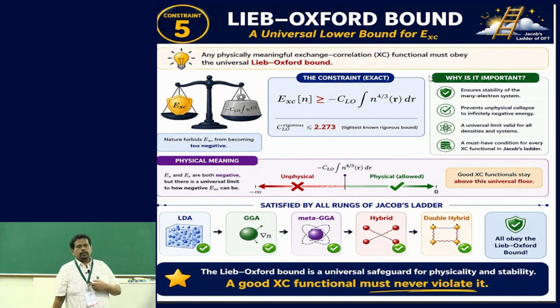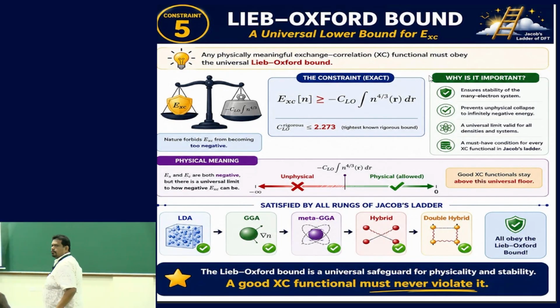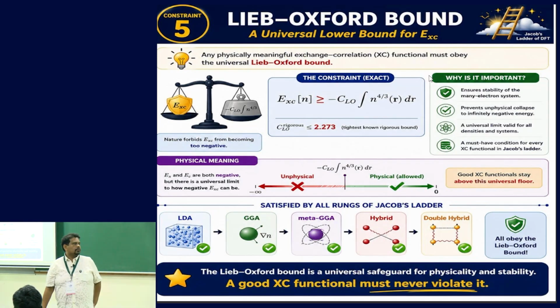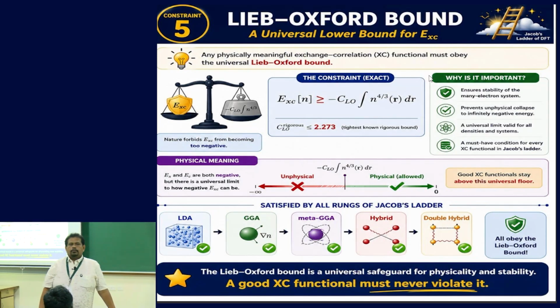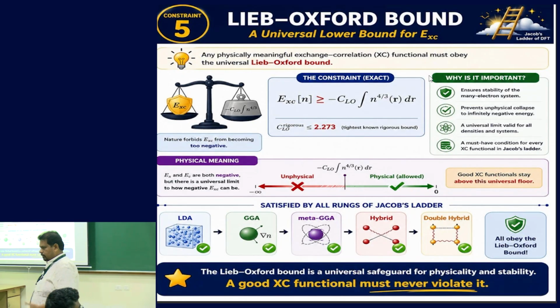This is what Elliott Lieb, a famous mathematician, tells us. It says that it will be negative, but it cannot be infinitely negative. There should be some bound on this; it cannot go beyond that. So it is giving a bound on the exchange correlation energy.